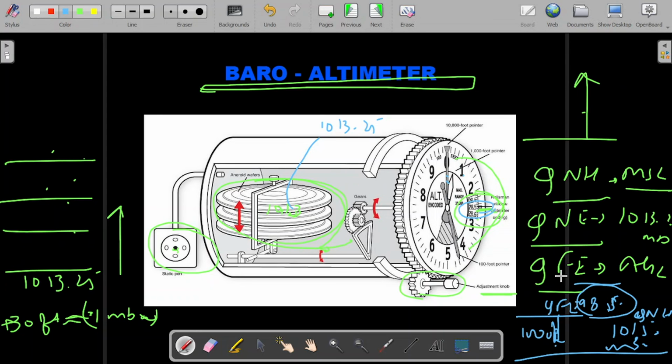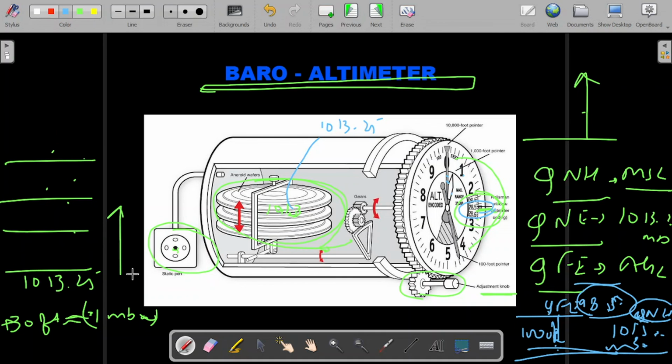I hope you understood the relation between the QFE and QNH. And if the pilot puts QNH, it should show the height of this airfield, 1000 feet.